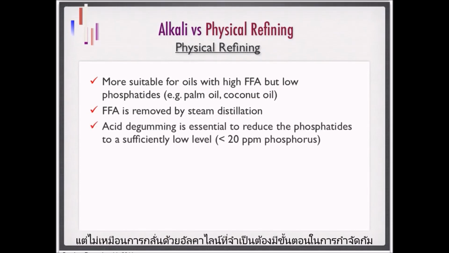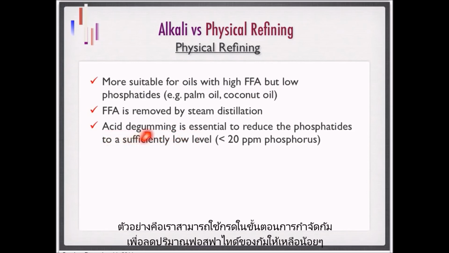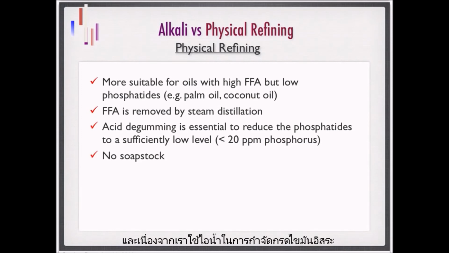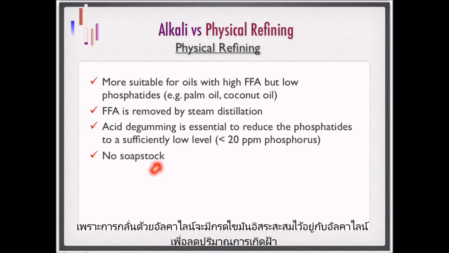But unlike alkali refining, where the degumming step may not be necessary, in physical refining the degumming step is very, very important. For example, we can use acid degumming to reduce the phosphatides, or the gum, to a very low level, usually less than 20 ppm phosphorus. And because we use steam to remove the free fatty acid, no soap stock is produced, unlike in alkali refining, where the free fatty acid is reacted with the alkali to produce soap stock.